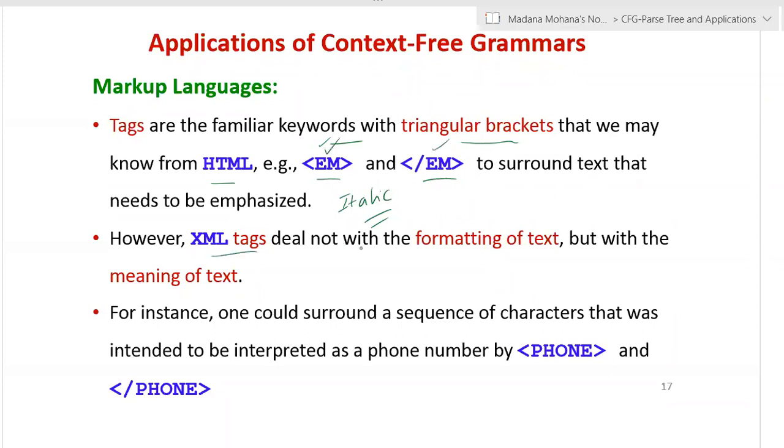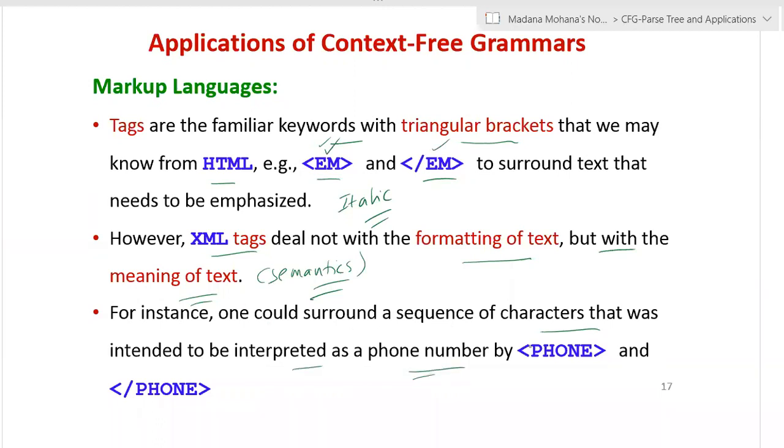However, XML tags deal not with the formatting of text, as just explained, but with the meaning of text. That means it provides semantics. What is semantic? Semantic is nothing but meaningful form. For instance, one could surround a sequence of characters that was intended to be interpreted as a phone number.